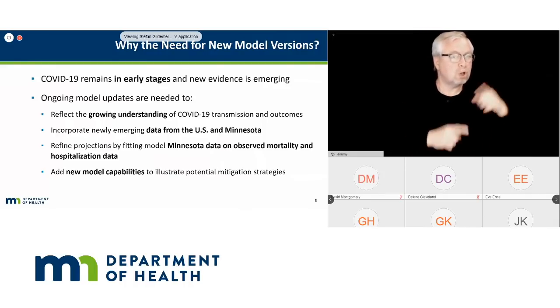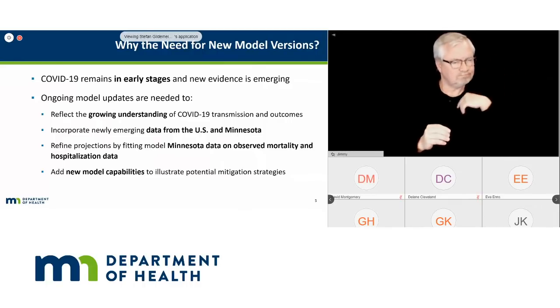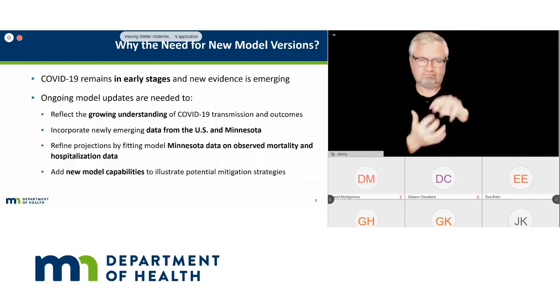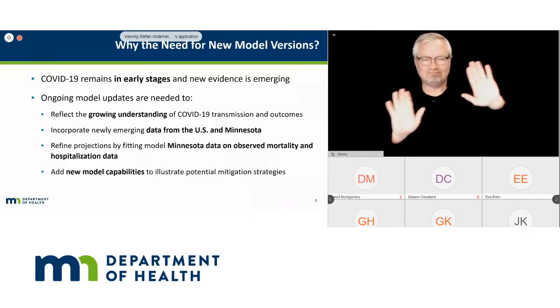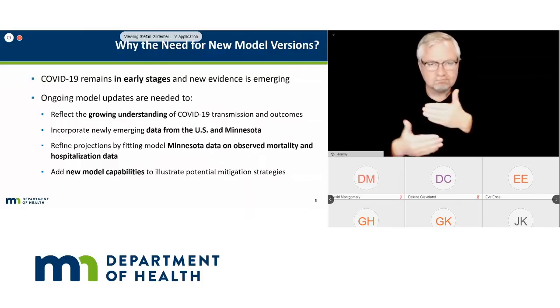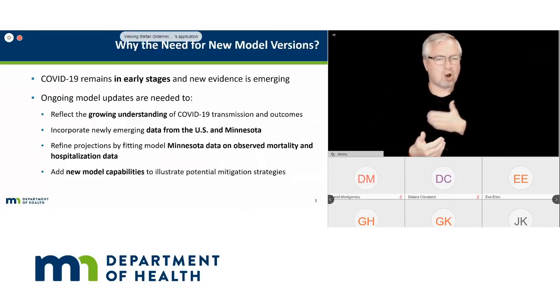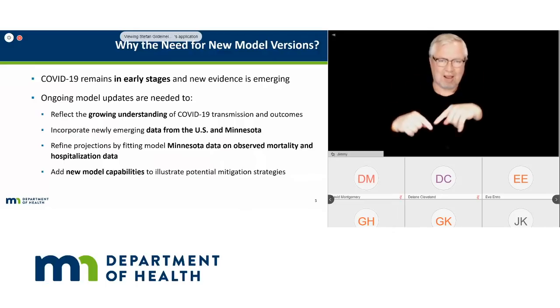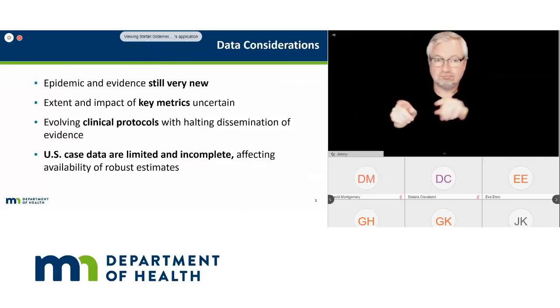There are a number of factors why the Chinese data may not be as predictive of the US, including that mitigation was very different from what we're experiencing here, and that the treatment or healthcare services look different than they do in the U.S. So using U.S. data will be more representative for Minnesota, we think. We're refining the projections by fitting the model to observed data on mortality and hospitalizations, and then adding new capabilities to the model that I'll walk you through in a second.